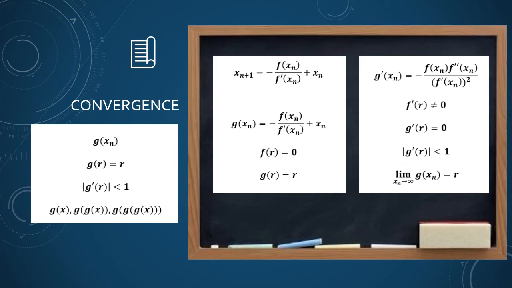Now we want to talk about convergence. So I've put our fixed point discussion over here because it's going to be important. How can we assume that our Newton-Raphson method will converge, like the sequence we get out of that method will converge to our root?